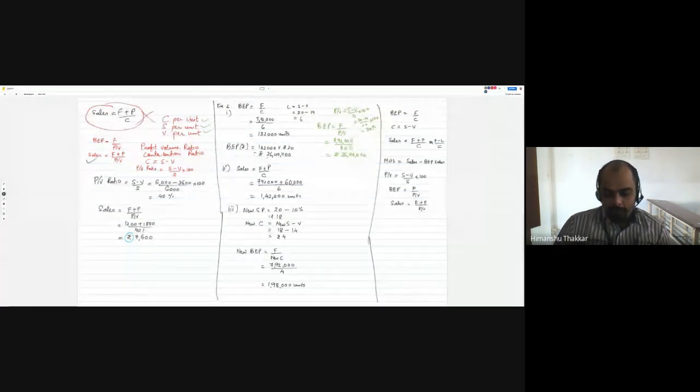Okay, calculate break even sales, and number 2, sales to make a profit of rupees 1 lakh. Break even sales and sales to make a profit of 1 lakh.